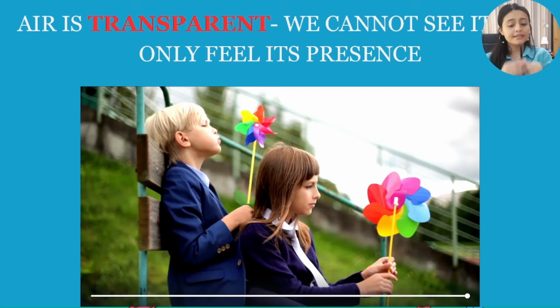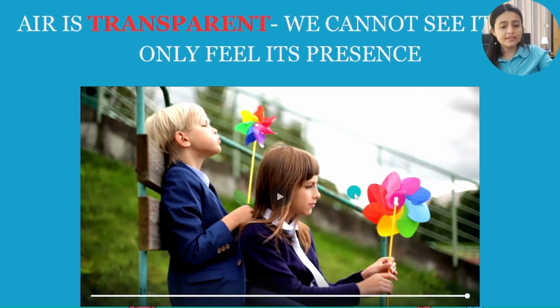Have you ever seen a firki? A firki has a stick, a pole, with some paper attached to it. When you put this firki below the air or a fan, it moves. How does this firki move? Because of air.